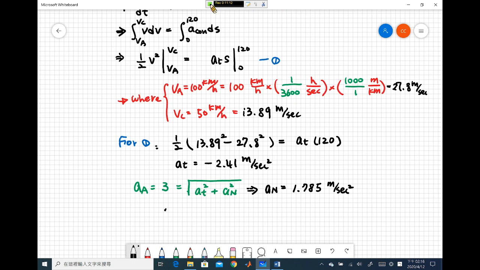And your AN will also be equal to VA squared divided by rho A. So your rho A will be VA squared divided by AN. Then it becomes 432 meter. So that's for the first question.